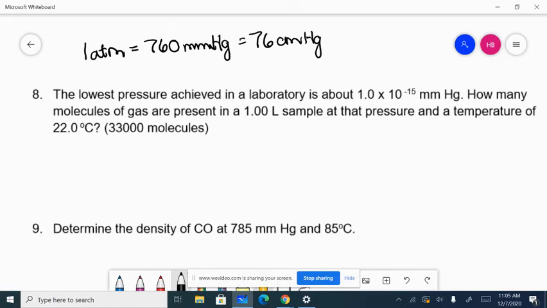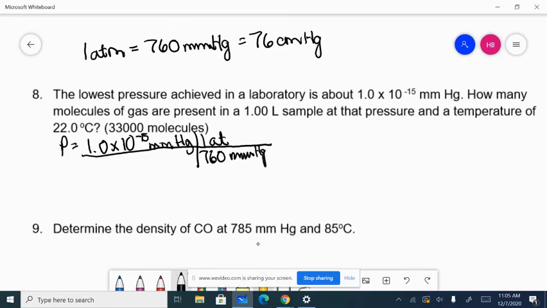So let's work on that conversion factor. Pressure is equal to 1.0 times 10 to the minus 15 millimeters of mercury, with 760 millimeters of mercury in 1 atmosphere. How many molecules? This time we're looking for molecules.